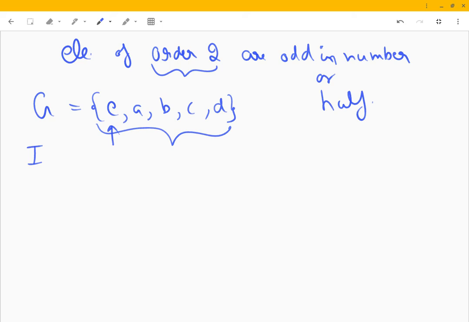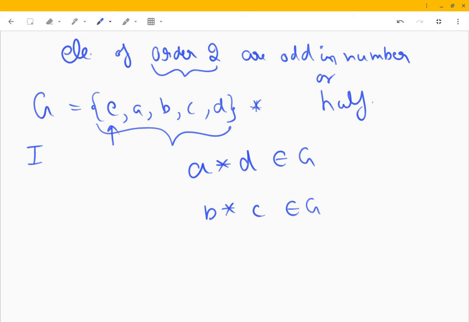My bad, I will write it in the description. The first property is closure. If star is the operation, then A star D will belong to the group, B star C will belong to the group.